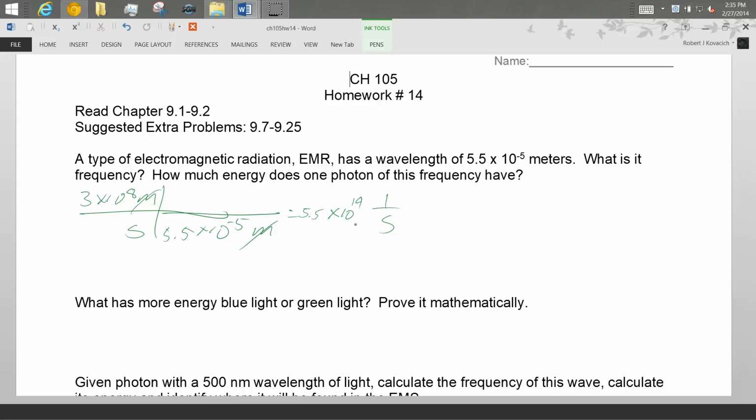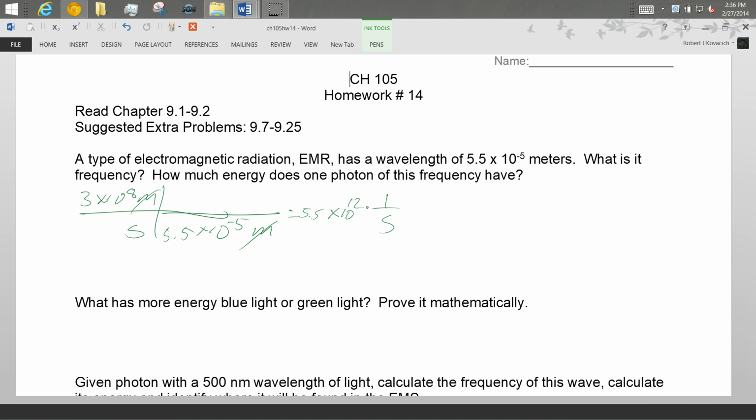No, it is 12. You made a mistake, Andrea. Oh, that's right, because this is infrared, not visible light.